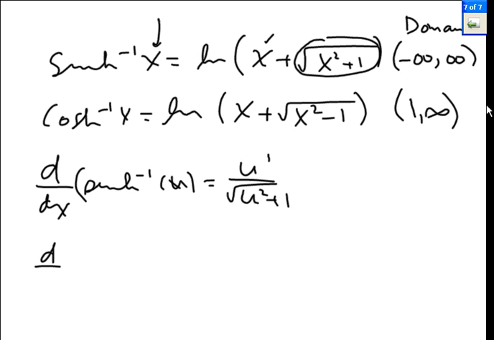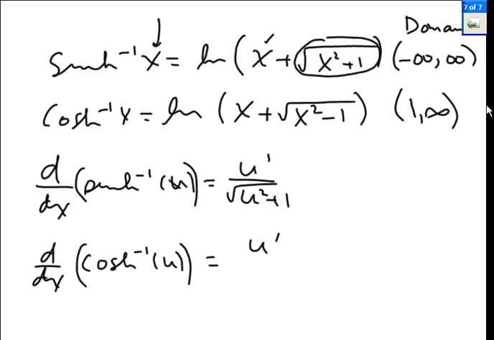And the derivative of hyperbolic cosine inverse of u, well, I haven't done these in a while, but yeah, there's no reason why it wouldn't just be the square root of u squared minus 1.